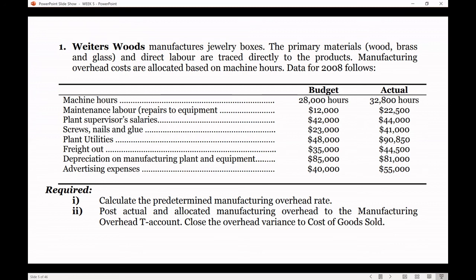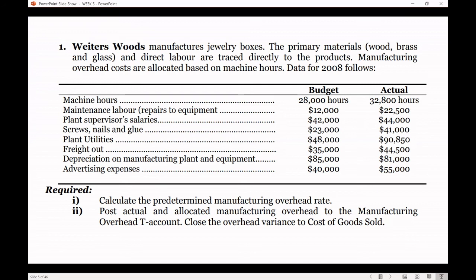And I want you in the comments to give me a definition. It doesn't have to be the Oxford Dictionary's definition, but your understanding of what a cost driver is. And I'll hint at it for you. It's what drives the cost for a particular department or a particular product.